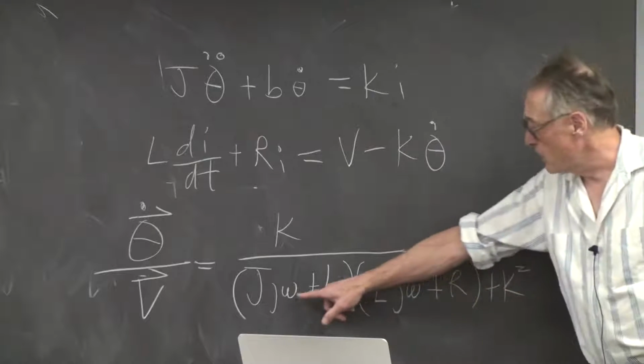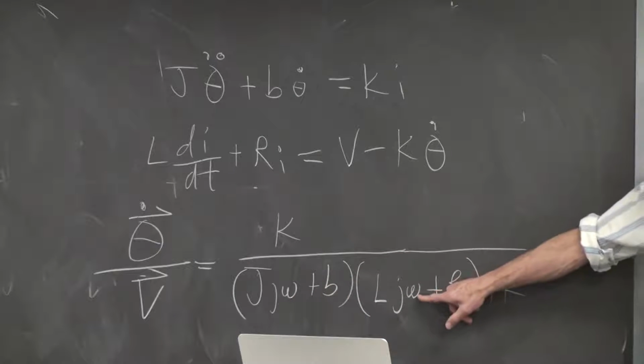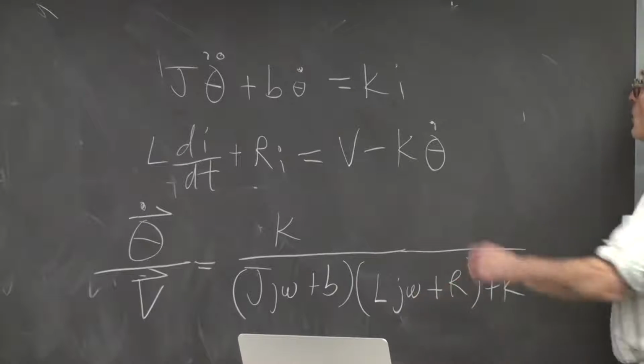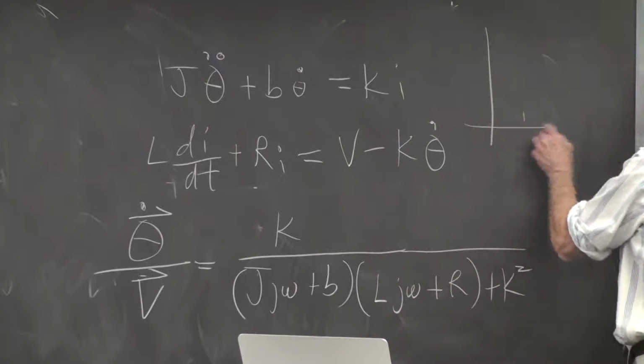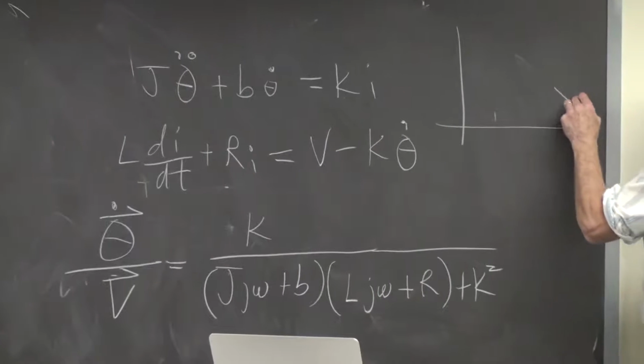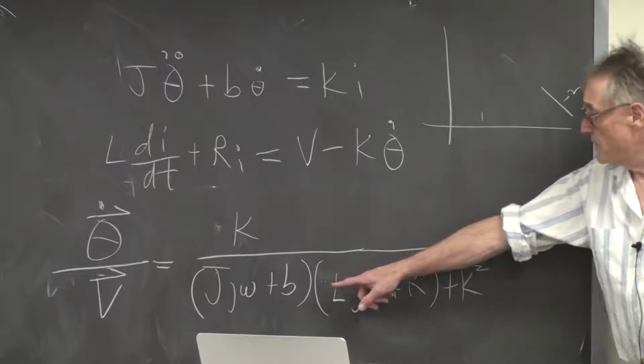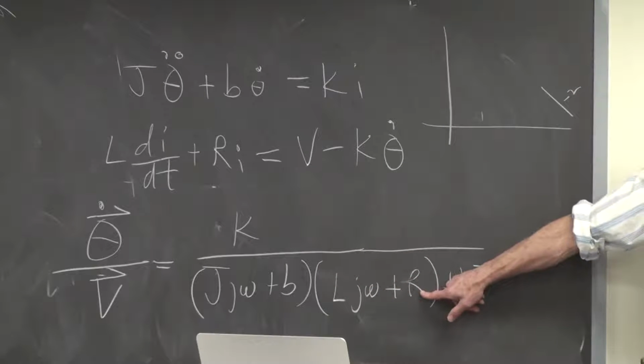And we find, first of all, there's a factor of omega squared in the denominator. That's the leading term of the denominator, which means that at high frequencies the system must drop off with a slope of -2. The response goes as 1 over omega squared.